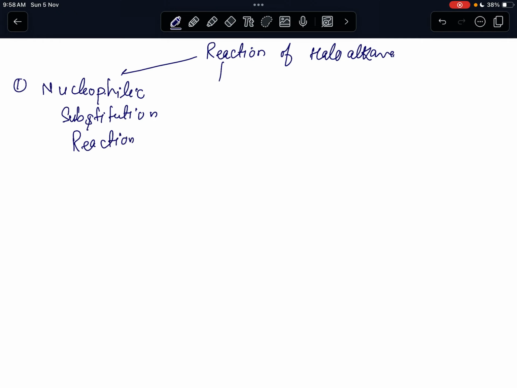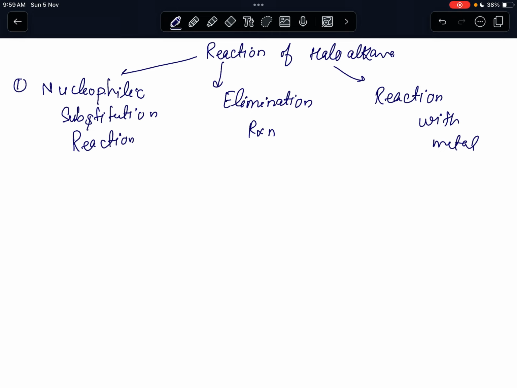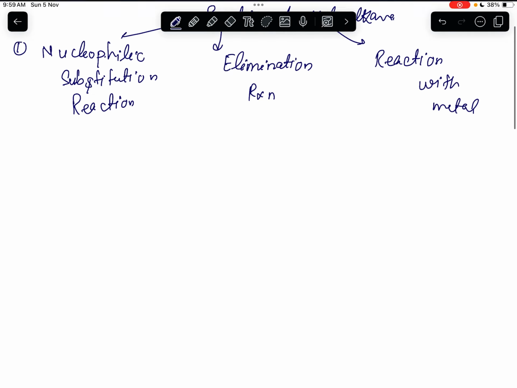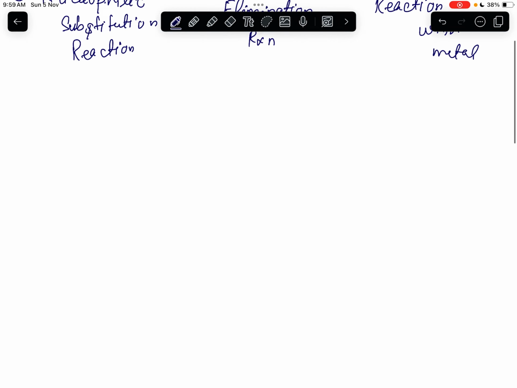The second type is the elimination reaction. And the third type is reaction with metal. Today's discussion will be limited to the nucleophilic substitution reactions.